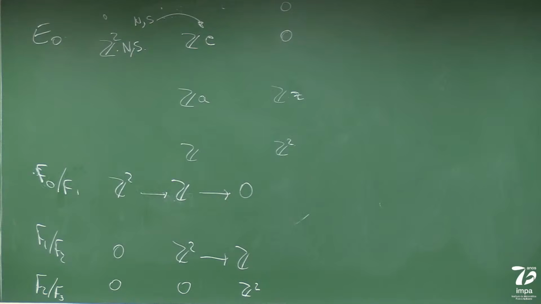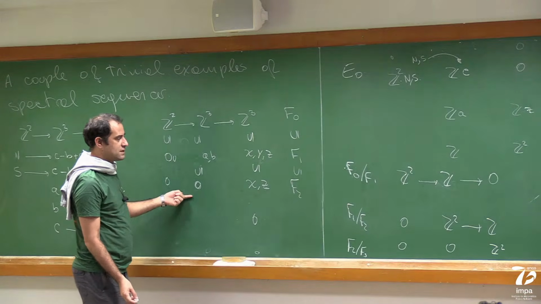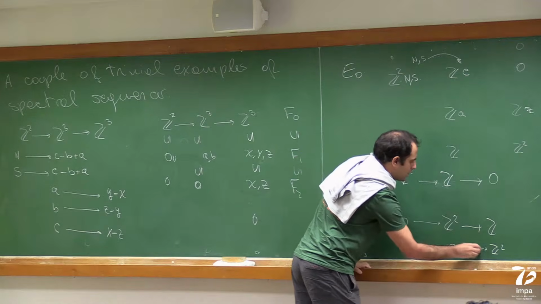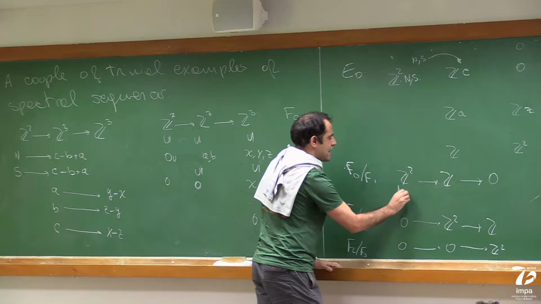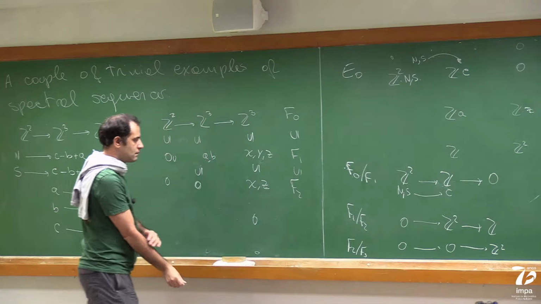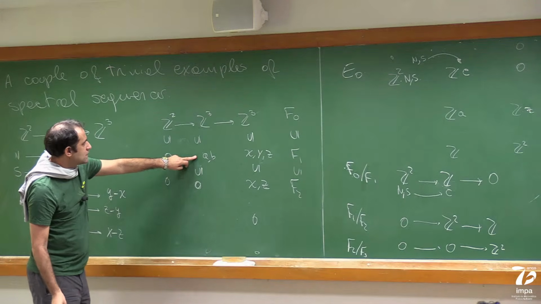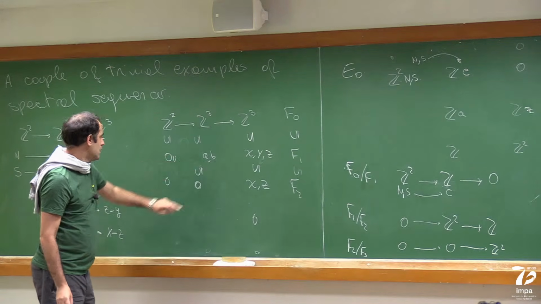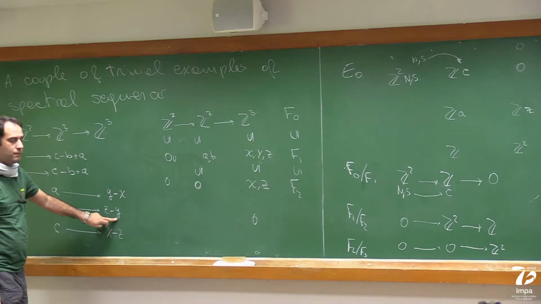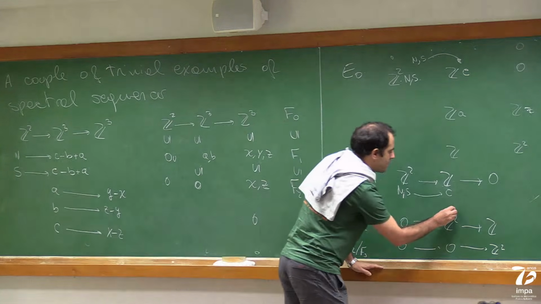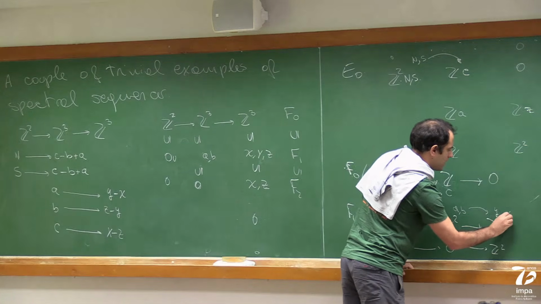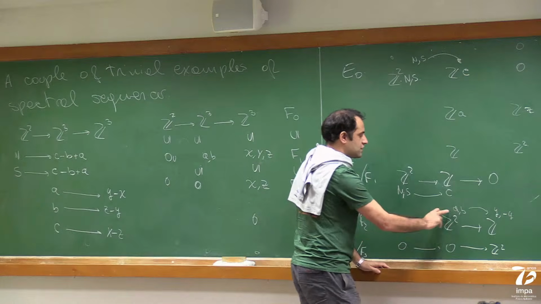What are the homologies with respect to this? What are the differentials in this guy? Well, we've seen here that N and S, both of them map to the generator here, which is C. The generators of this Z2 are A and B, and both of them map to Y and minus Y. These are the differentials of these two guys.